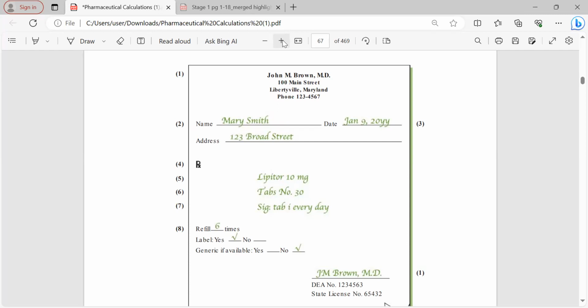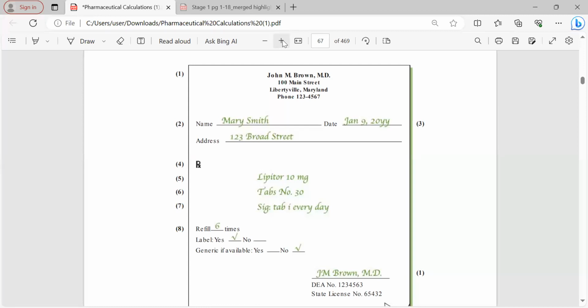But if you got a prescription like this one for January 9th, and you need to take a certain drug every week, the first week, the second week, and the third week, you can use the dates.